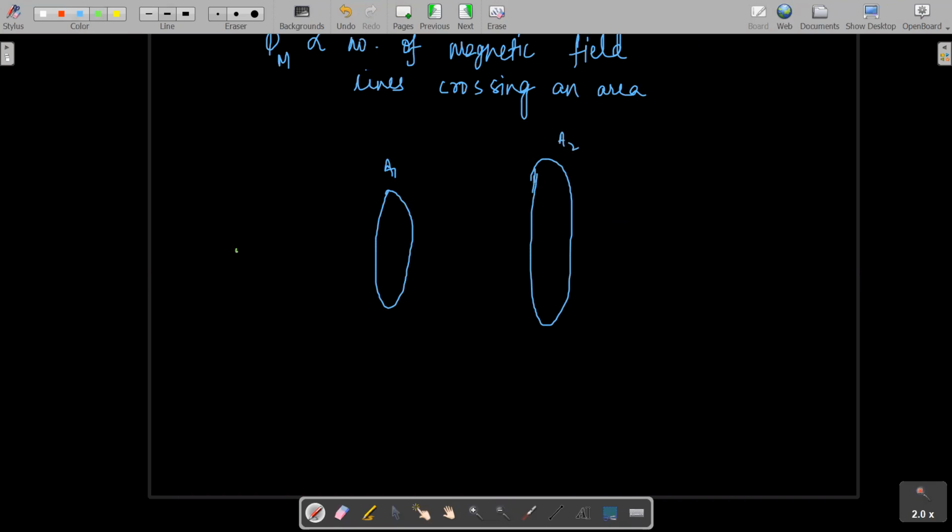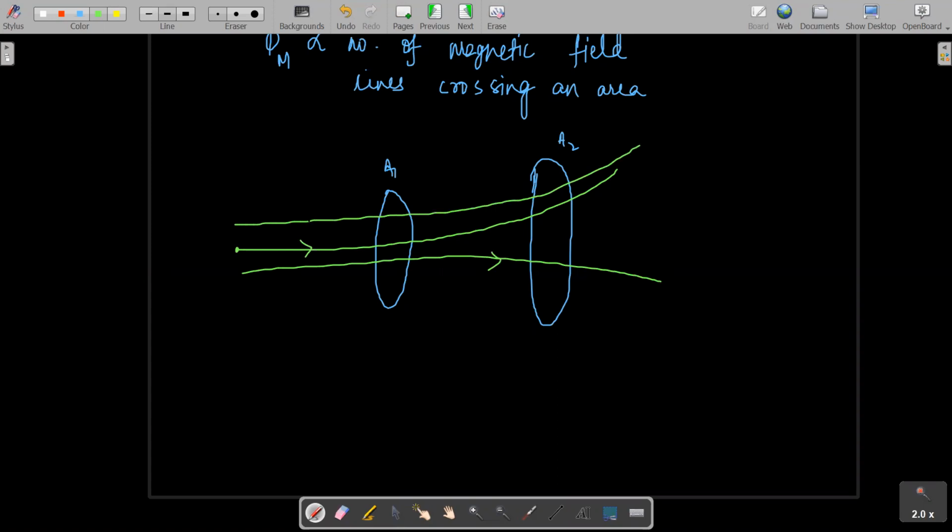Some magnetic field lines are like this; they cannot intersect.